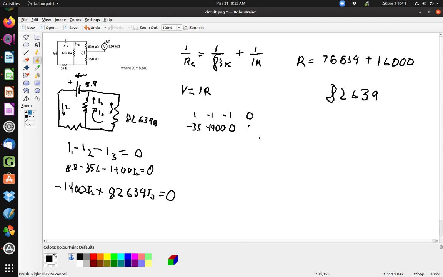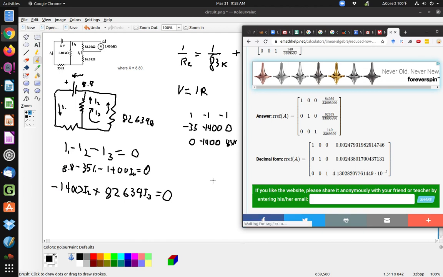And this one's going to be 8.8. On the bottom here, we've got I2 and I3. I1 is going to be 0. I2 again is negative 1400. And then 82, we'll just call it 83,000 just for short here because everything's all crowded. And that's equal to 0. So now we're going to put it into a matrix calculator.